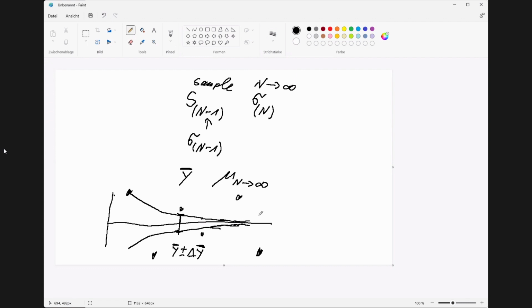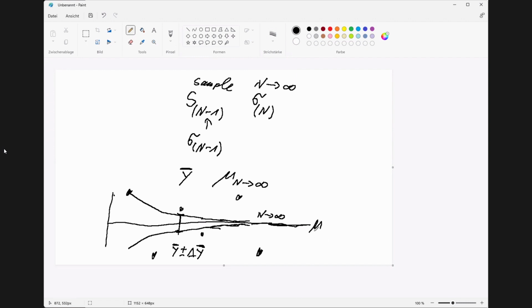And when you go with your measurements towards an infinite number, then you go to the expected value of the mean.